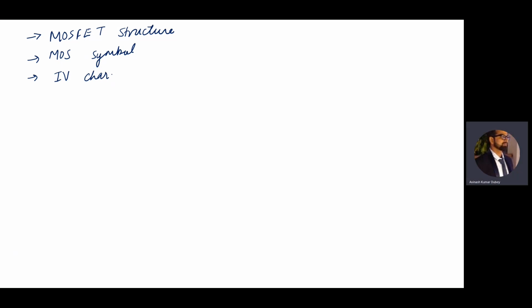So in the IV characteristic we will see the current and voltage dependency, how the current depends on the voltage, and what the different graphs in the different regions look like. Then after this IV characteristic we will see the second order effects.